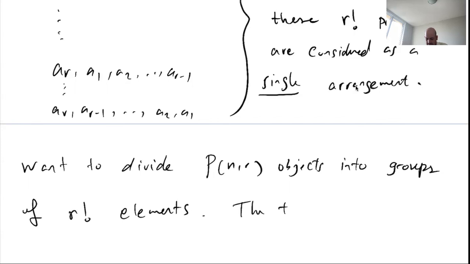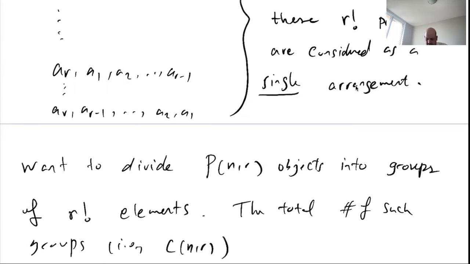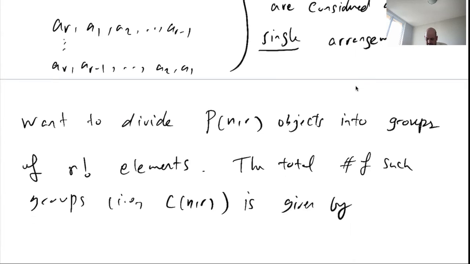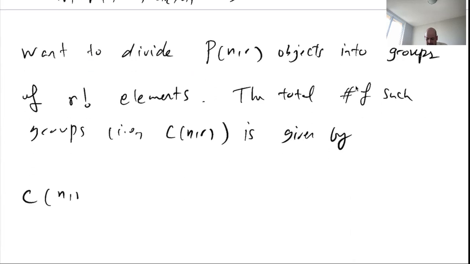The total number of such groups, i.e. C(n,r), is given by C(n,r) equals P(n,r) divided by r factorial.